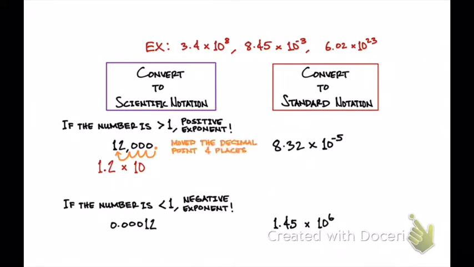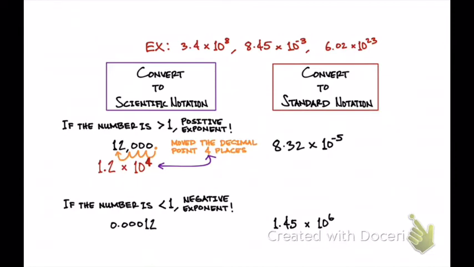So because we moved it 4 places, our exponent is going to be 4. Okay, so it matches the number of times you move that decimal point. And because the number is greater than 1, then we know that the exponent is going to be positive.